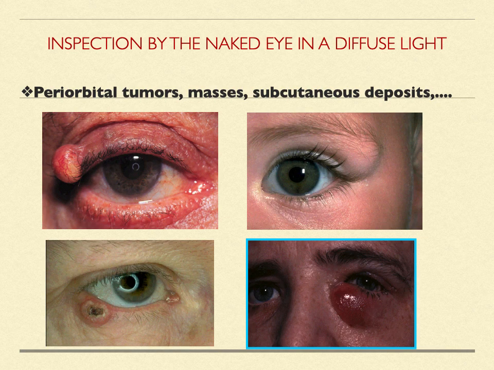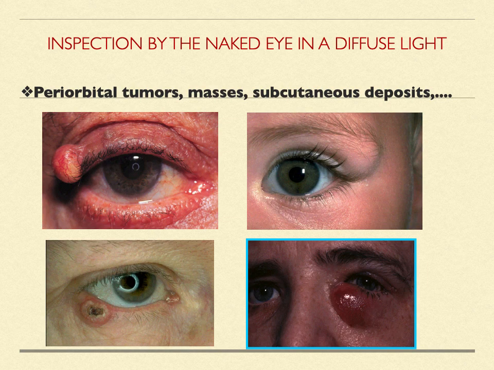On the lower left side, there is basal cell carcinoma of the skin, and we can see the scarring and crusting. And on the lower right side there is acute dacryocystitis with swelling of the lacrimal sac.